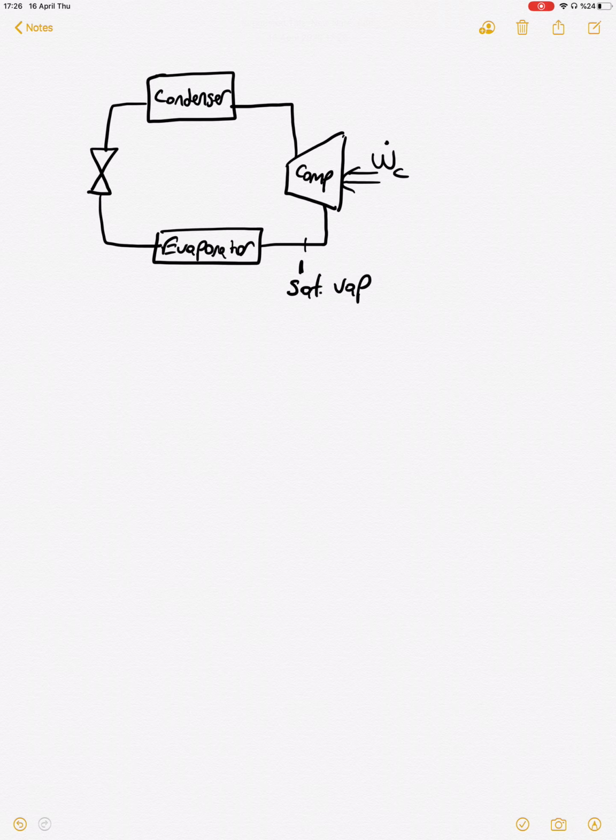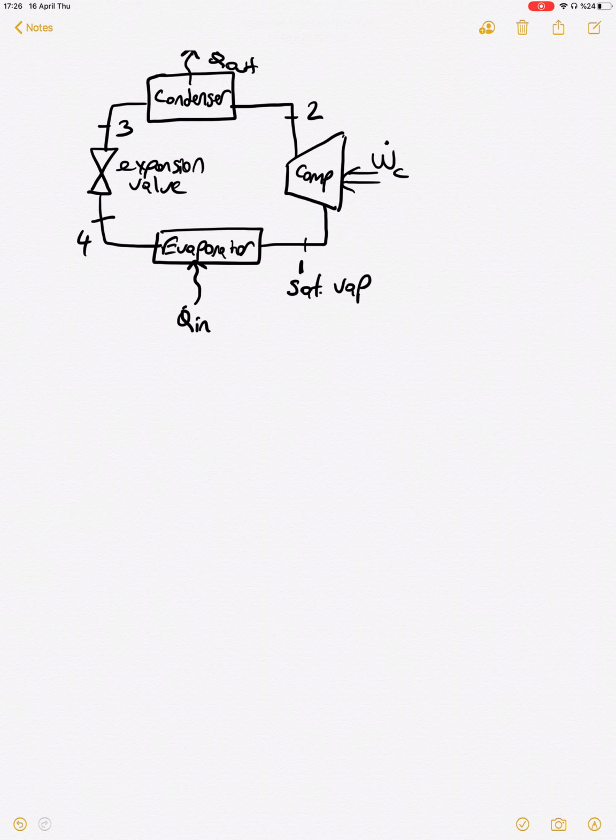And it comes to the condenser at state 2. Heat is rejected here. This is Q dot out, and this is state 3. This is the expansion valve, and we have state 4 here. Then this is where the useful heat transfer is performed.